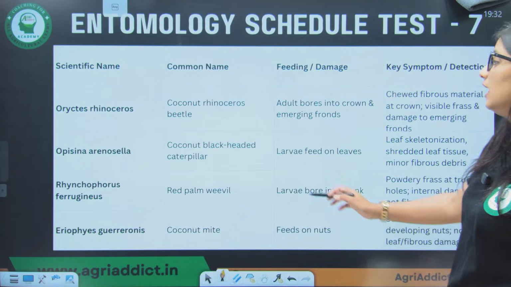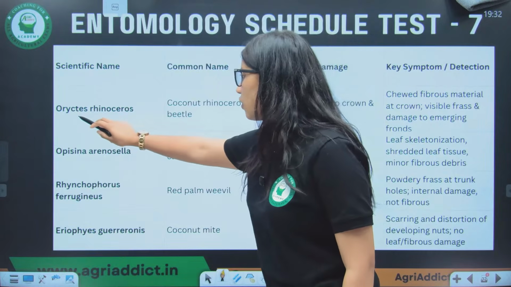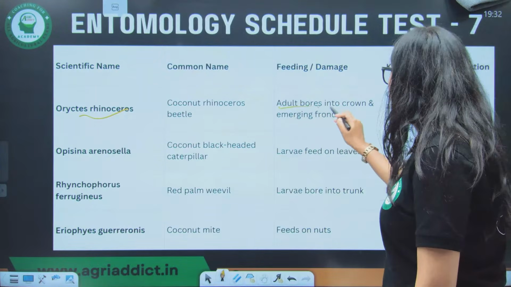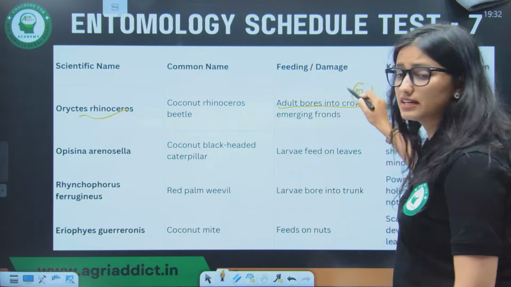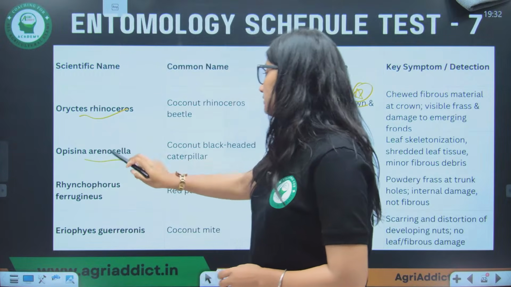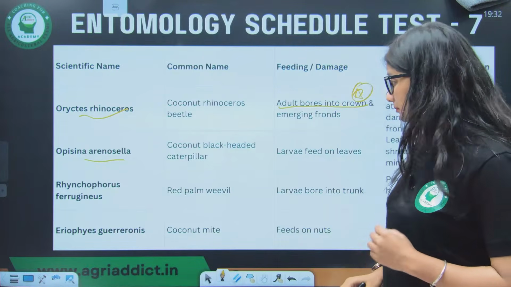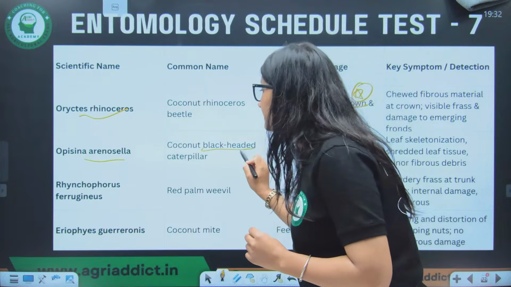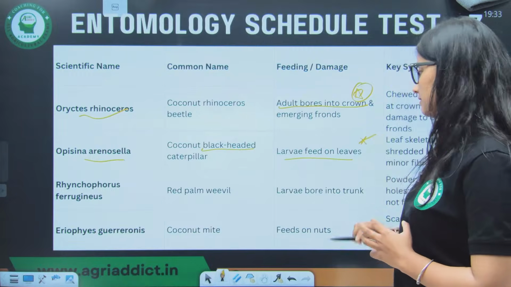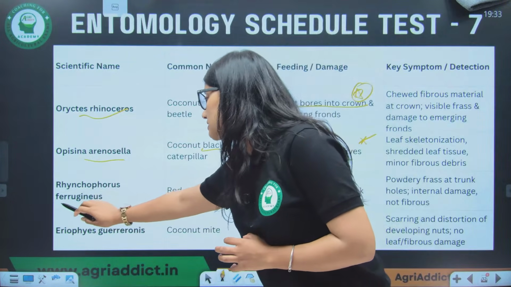So, I have written here also Oryctes rhinoceros. This is the coconut rhinoceros beetle. Adult bores into the crown and emerging fronds. Okay, what about Opisina arenosella? This is the coconut black-headed caterpillar, and larvae feed on leaves. What about Rhynchophorus ferrugineus?